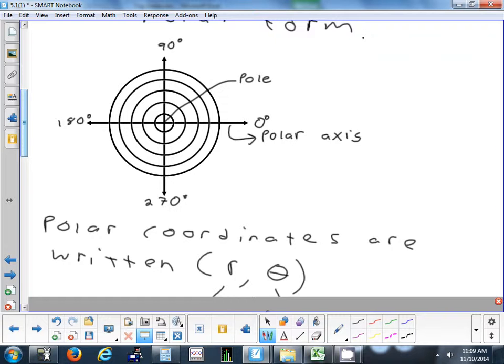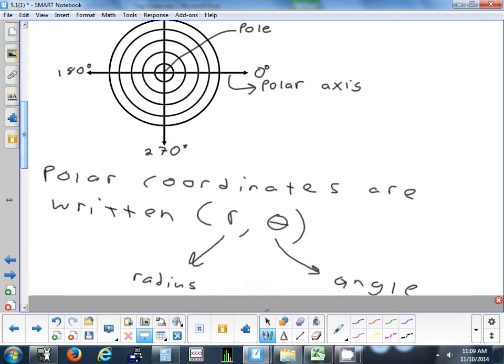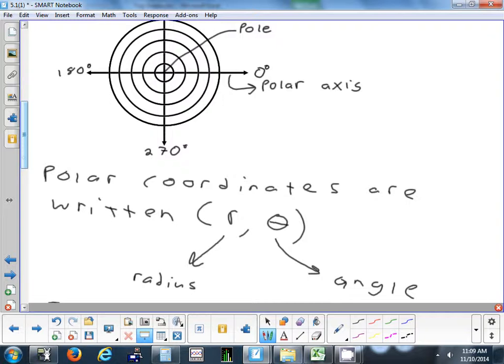All right, so what we'll end up doing is we're going to move out a certain number of units from the pole. And then from that point, we're going to move a certain number of degrees, or we could do radians, either way. But r is a radius, and theta is your angle.